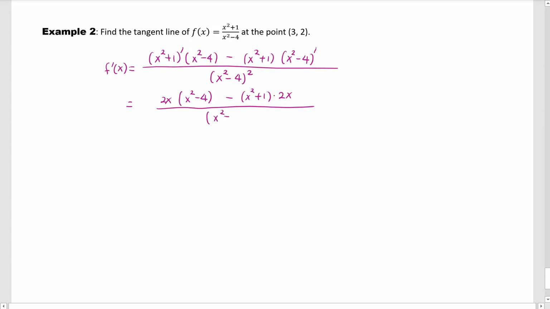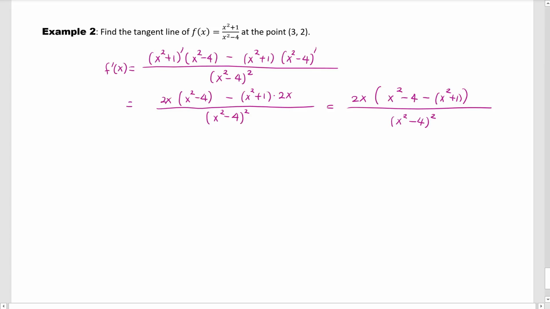Okay, so here, because we are looking for the slope, it's better to simplify it. If I only ask you to find the derivative, you can stop here, but we need to find the slope. Can you see we have a common factor 2x on top? Let's factor that out. And then we have minus (x squared plus 1). Don't forget the parentheses, everybody.